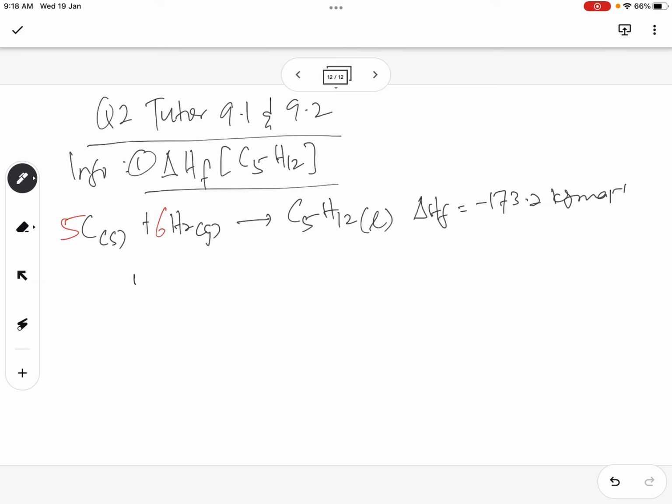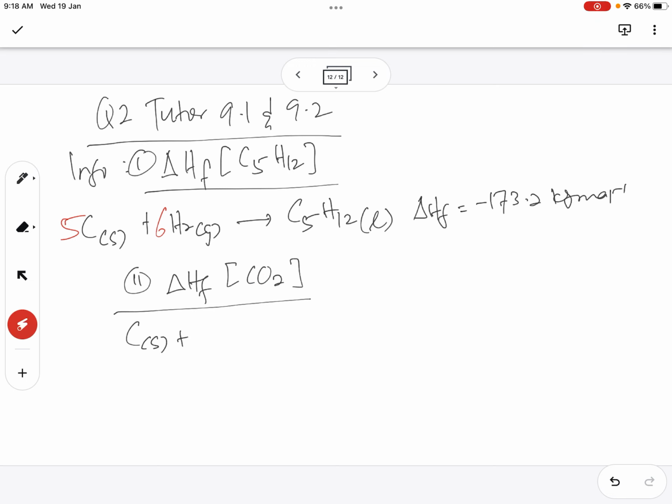Okay, yang kedua kita nak buat adalah enthalpy of formation untuk carbon dioxide, CO2. Okay, sama juga. Elemen pertama carbon, so carbon solid. Elemen kedua oxygen, O2 gas produces CO2 gas.